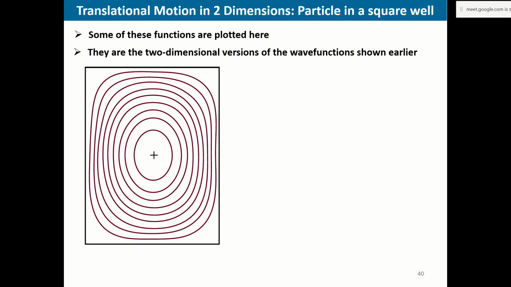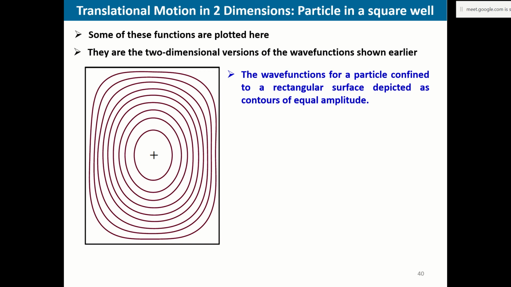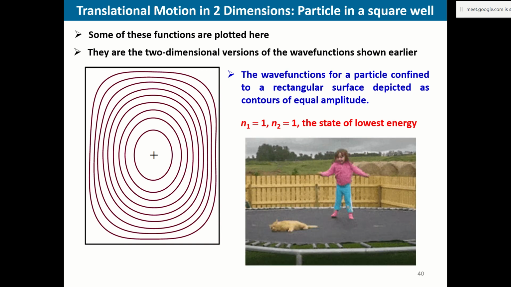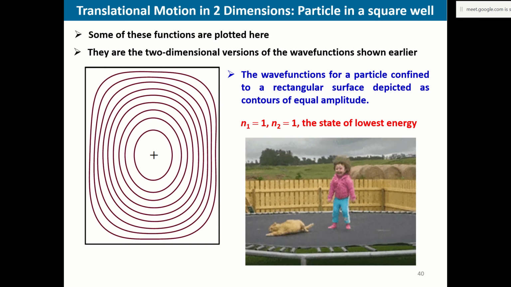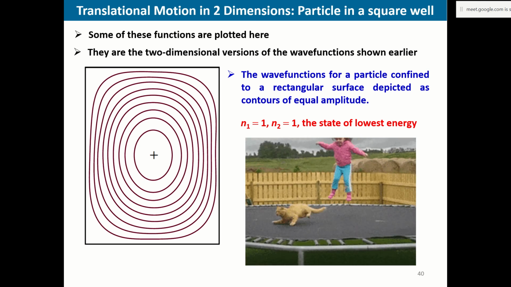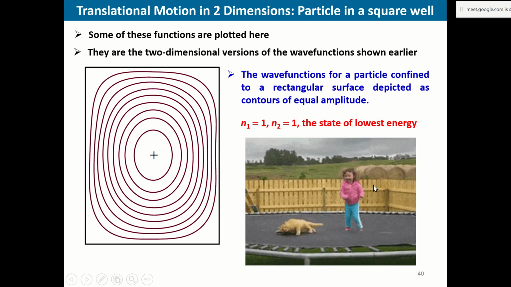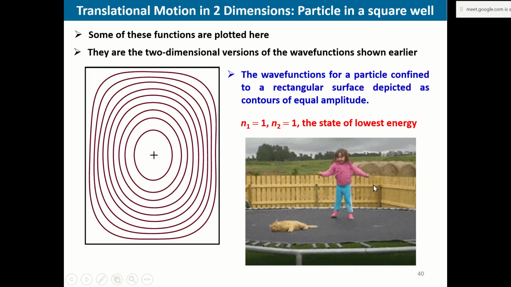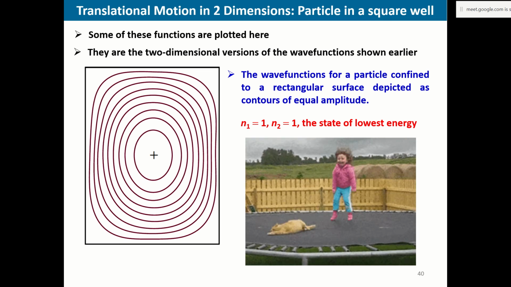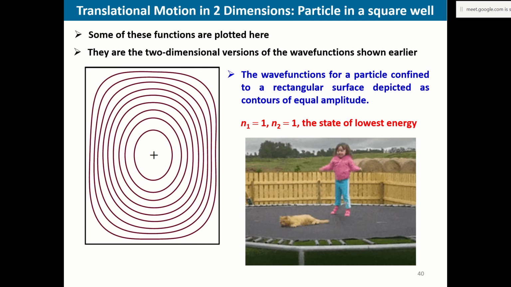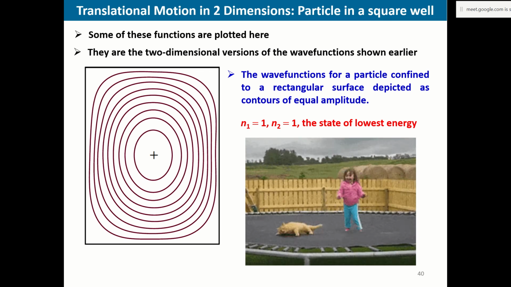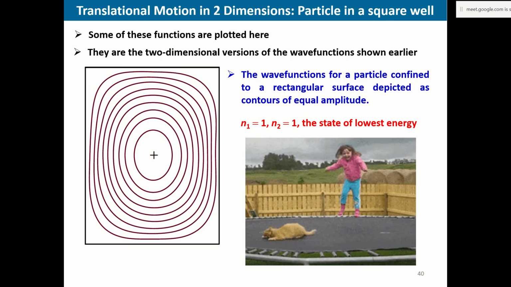And the plus sign means that it is coming up above the screen, and if I put a minus sign, that means it is going behind the screen. So oscillation up and down, just like you can think of in a trampoline. A static trampoline is at equilibrium, and when you jump on it, it goes down below, that is negative; it goes up, that is the positive sign of the wave function.